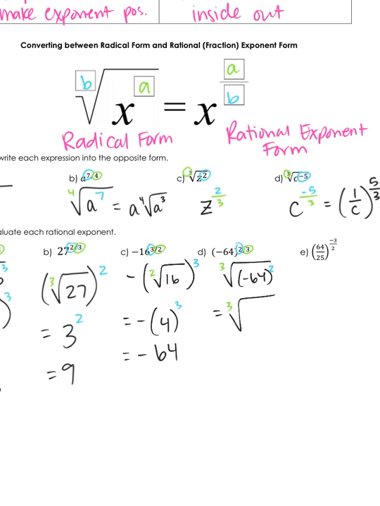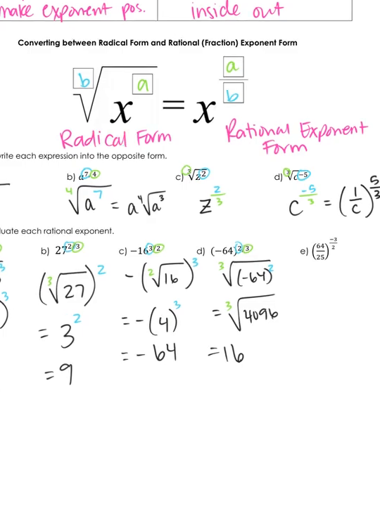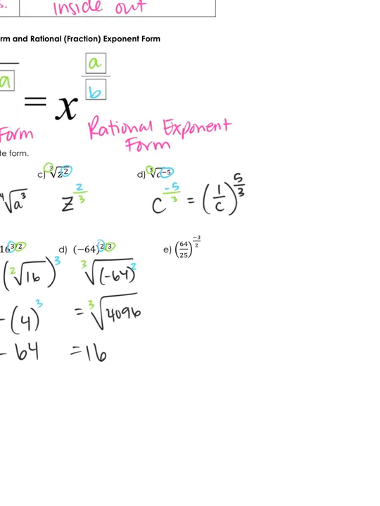So a negative times a negative is going to give me a positive, and 64 times 64 gives me, well, that's not what I wanted. Gives me 4,096. And when I find the cube root of that, I get 16. You can technically find the cube root of a negative number, but we have not learned that yet, so I'm not going to show you that way just yet.